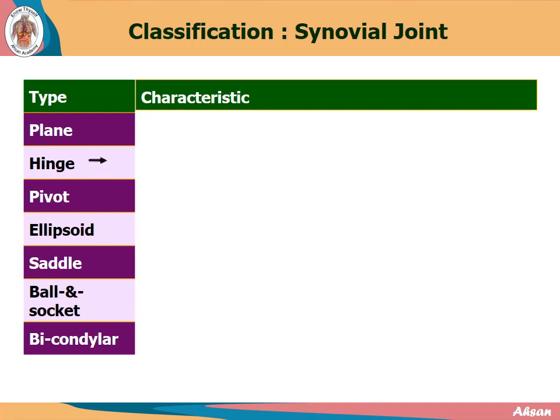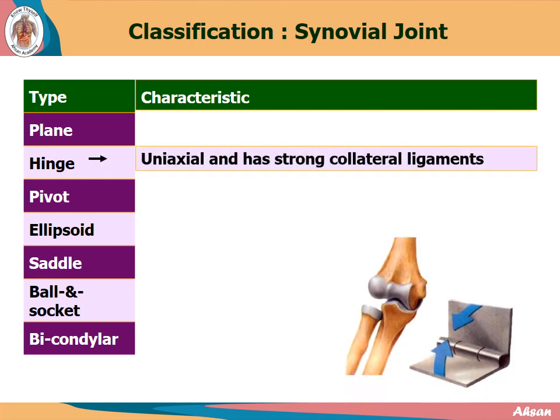Let's move to the hinge variety. It is uniaxial and has a strong collateral ligament on either side. Hinge is like the hinge present in doors. A door can be moved in one direction only, rotating around a single axis.